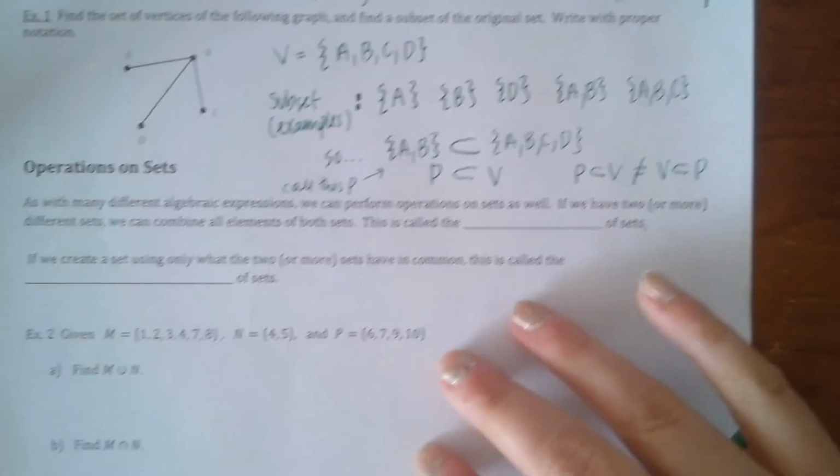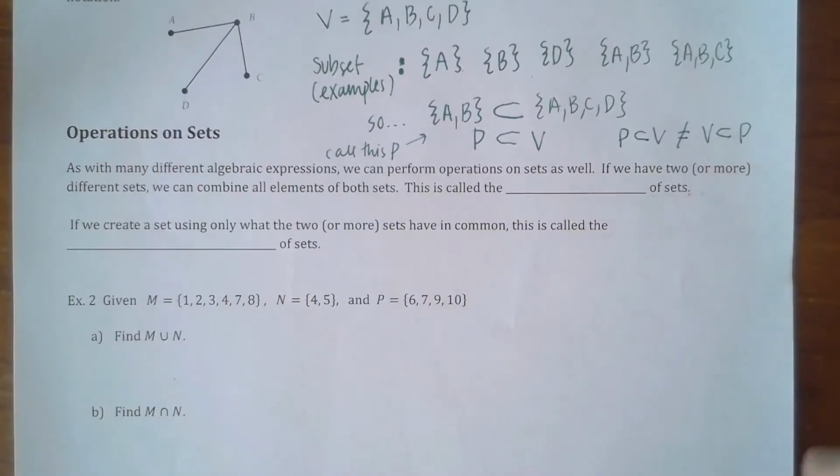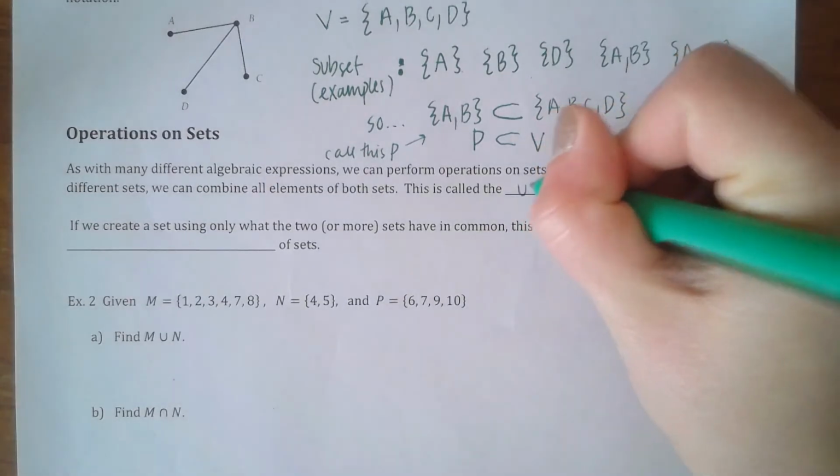If I do the same thing with truth tables, this idea that we can have different operations and different combinations of them, this happens with algebra, this happens with truth table values and logic, this happens also with sets. So if I combine all these elements, basically add sets together, I can combine all the elements, and this is called the union of sets.